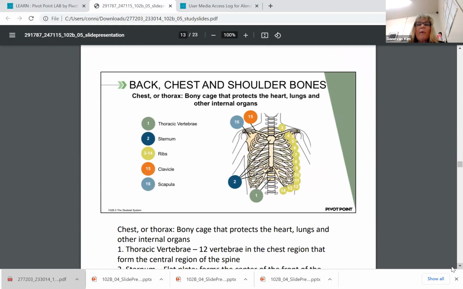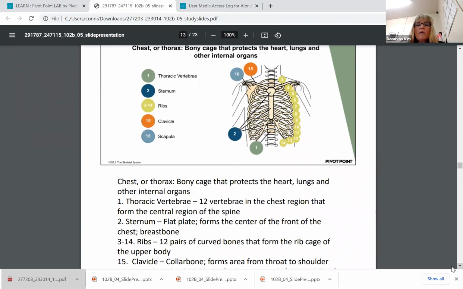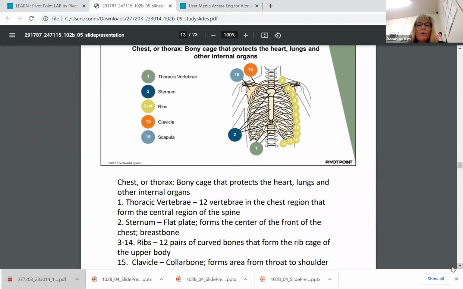And then we're going to go to our back, chest, and shoulders, right? So here we go. Your thoracic vertebrae. This is 12 vertebrae in the chest region that form the central region of the spine. So you have your cervical vertebrae, your thoracic vertebrae. This is the central region of your spine.